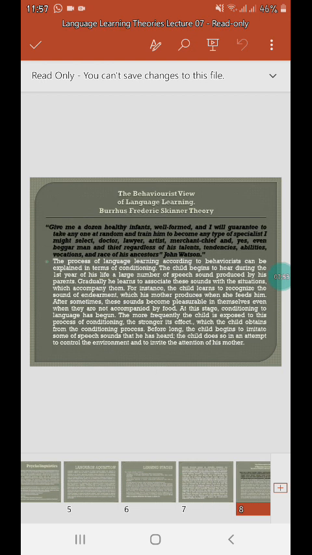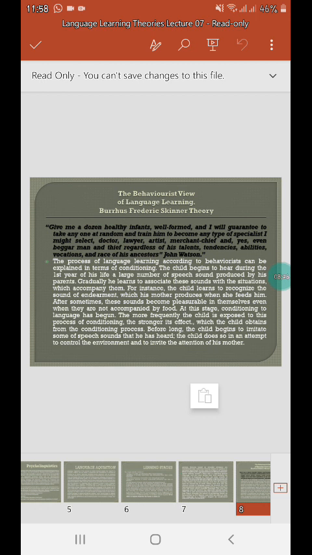The first theory regarding language learning is the behaviorist theory, or the behaviorist view of language learning, which is B.F. Skinner's theory. Skinner was an American psychologist, behaviorist, author, inventor, and social philosopher.